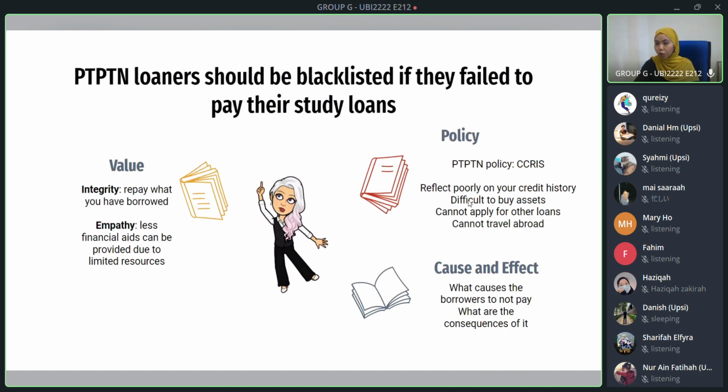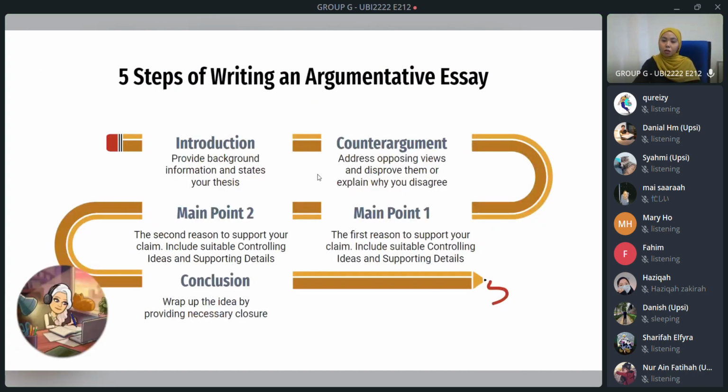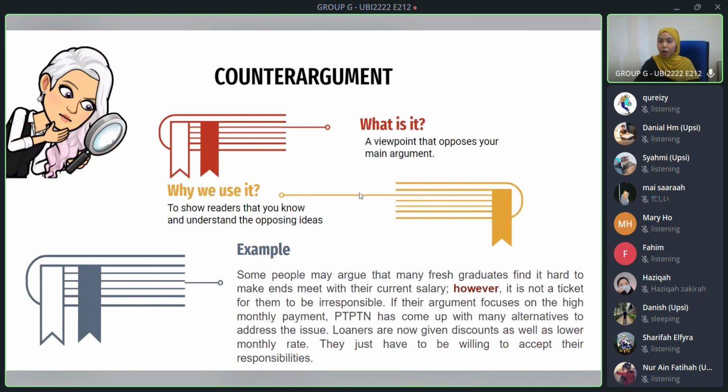Otherwise, they're going to be having this or this. So it means that the counter argument, I should address those opposing me. If I agree that PTPTN loaners should be blacklisted, the other team should be saying no, they shouldn't be blacklisted. So here in this paragraph, I am acknowledging their ideas. So let's see.